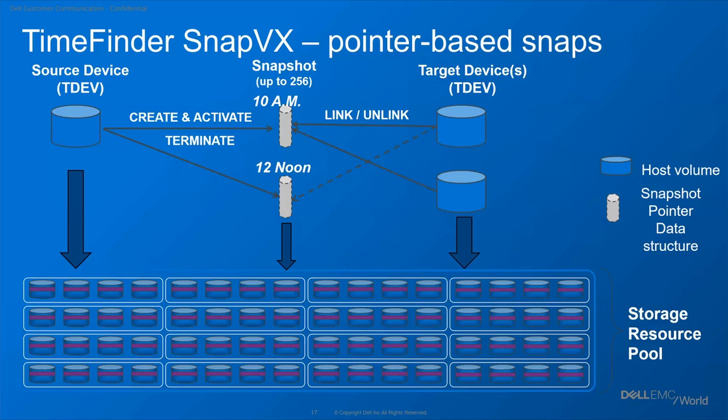The target device changes, and it writes its data to a new area in the storage resource pool. So you have the ability to make many very space-efficient point-in-time copies because there's a lot of shared allocation going on in the background, and it's all built on top of virtual provisioning. Our virtual provisioning implementation really made this rather simple for us to do.